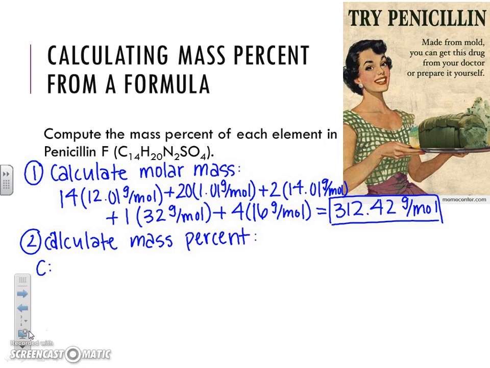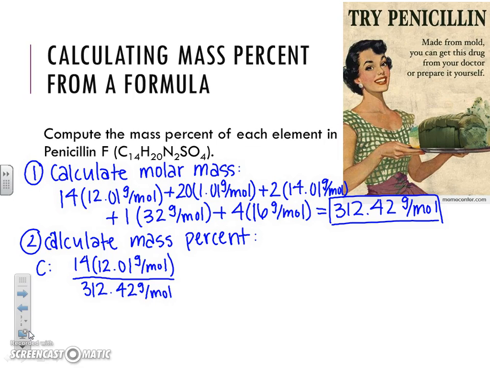Starting with carbon. What we need to do is take the mass of all of the carbon in the compound and divide it by the molar mass of the compound. There are 14 carbons in the compound and each one weighs 12.01 grams per mole. Then I'm going to divide by the molar mass we calculated in step 1, 312.42 grams per mole.